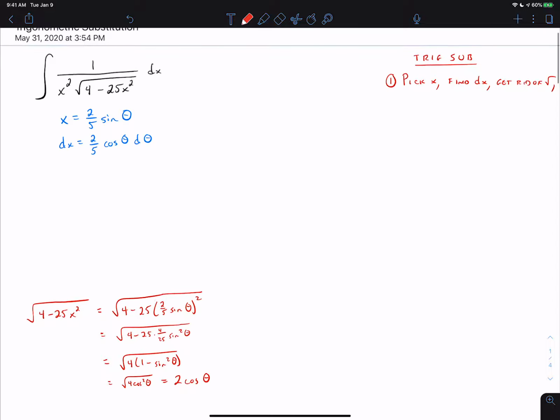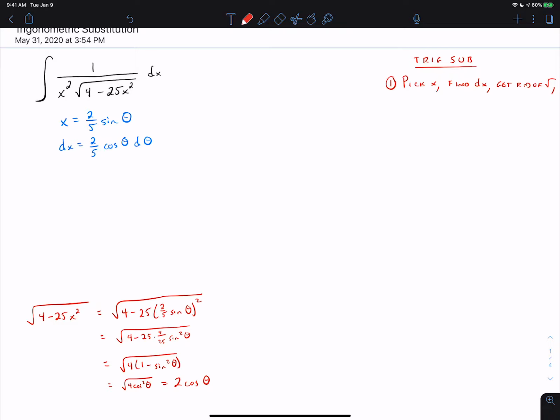Okay, so we pick x, we find dx, we get rid of the square root, we're going to sub everything in and we're going to simplify. All of this is a very large first step. So when we do the problem back up here, anything that is not in the square root gets replaced with what it is.